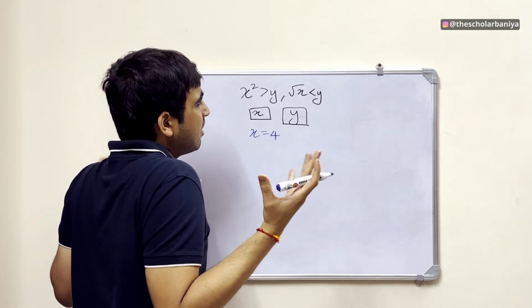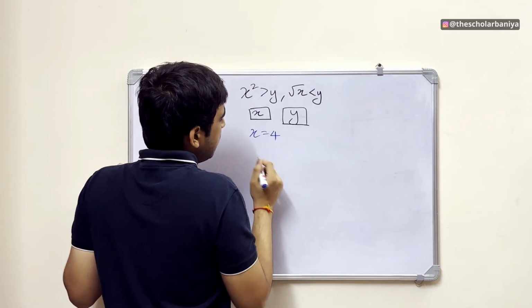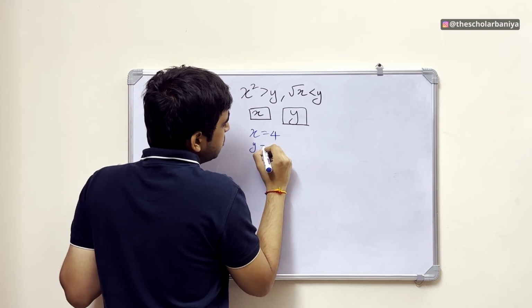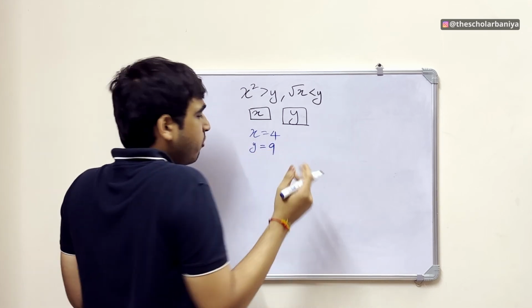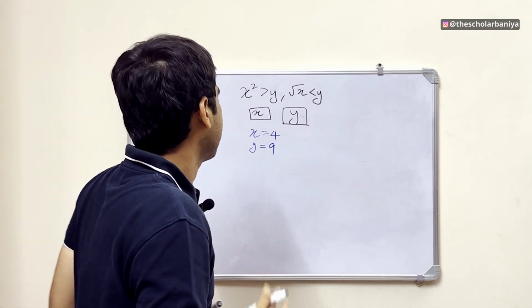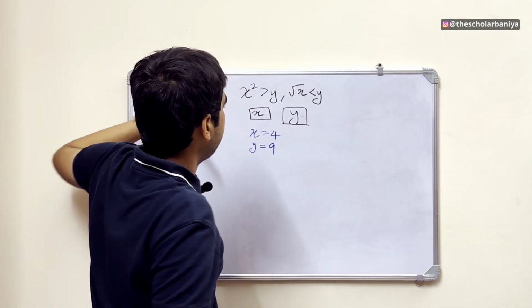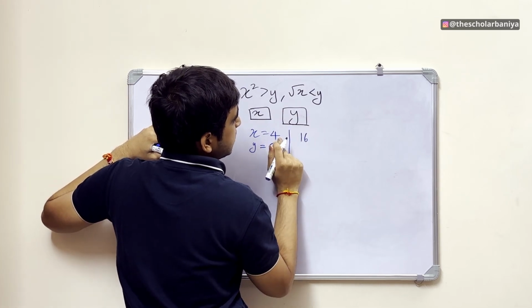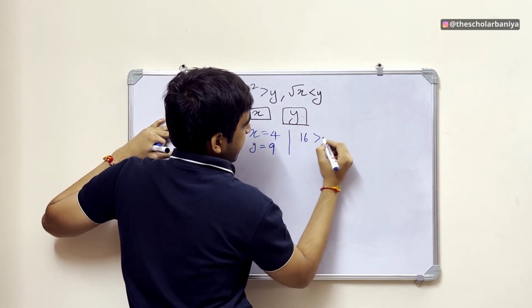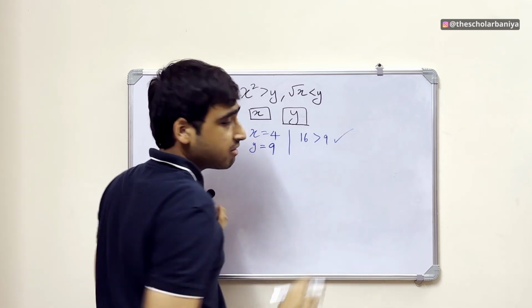And let's suppose I take y equal to, maybe 9, for instance, any random value. So now x square, which is 16, 4 4s are 16, is greater than 9, which is absolutely right.